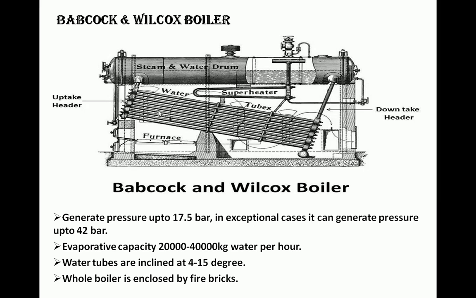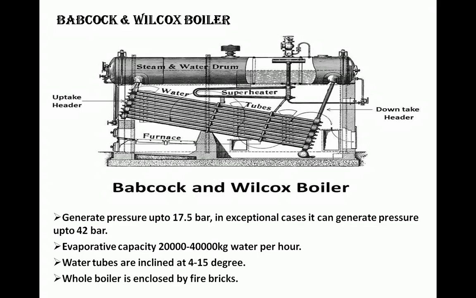Water enters the tubes through the downtake header, which is connected with the shell through the longer tube. Steam is generated and rises at the uptake header, which is connected with the shell through a small tube. Steam is separated in the shell and enters the superheater tubes. Steam travels the superheater tubes and gets superheated and then is taken out through the stop valve.